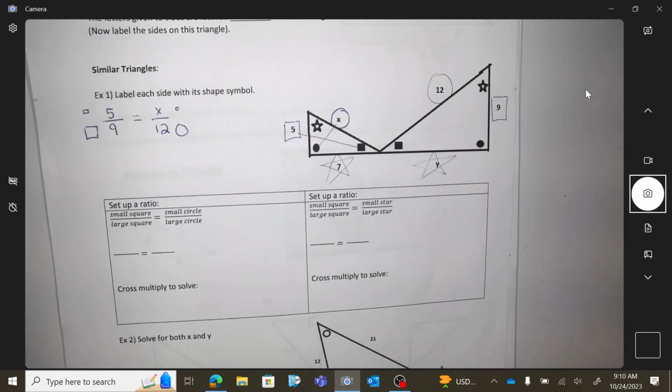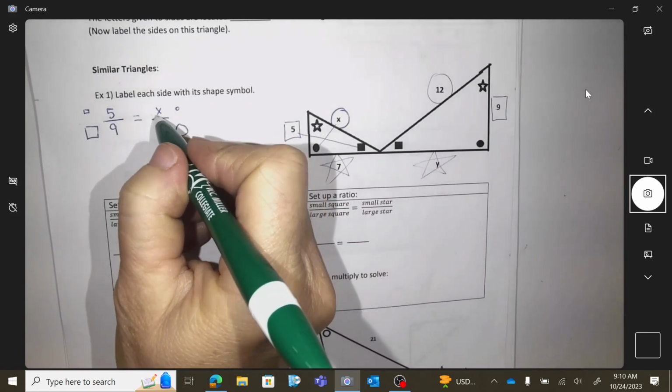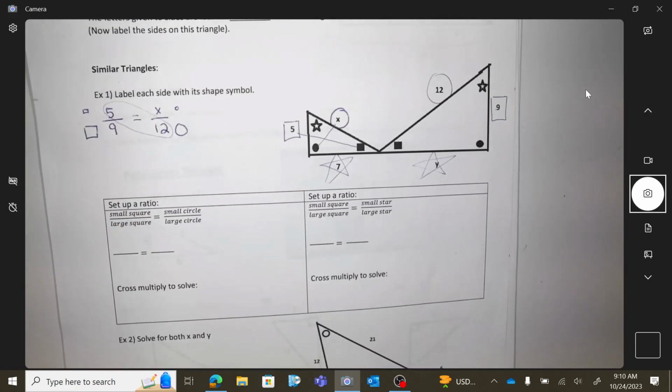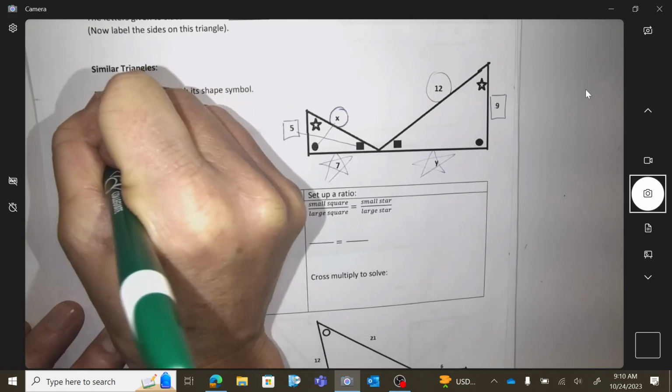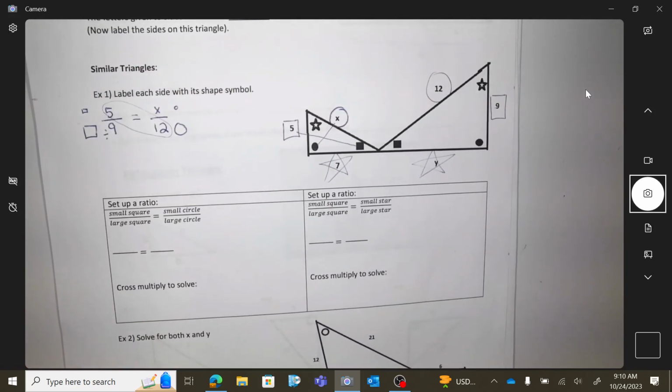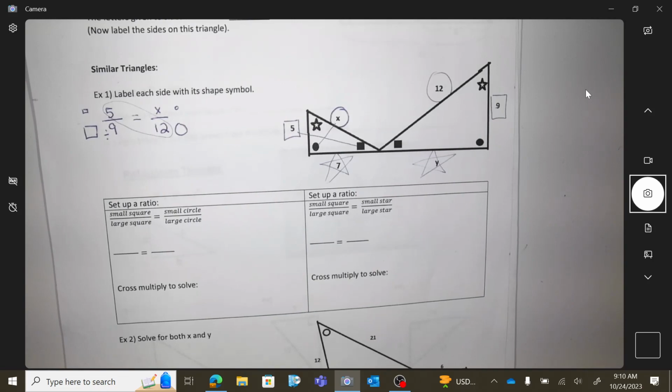So how does cross multiplication work? You multiply two diagonals. So that would be that. You multiply and then you divide by the lonely one. Multiply across, divide by the third item.